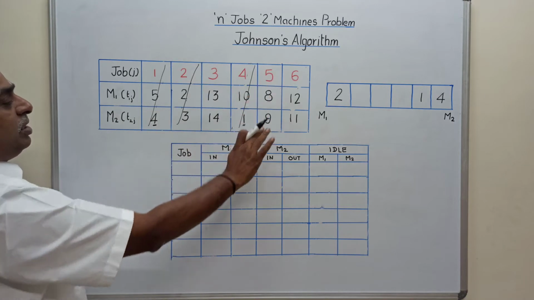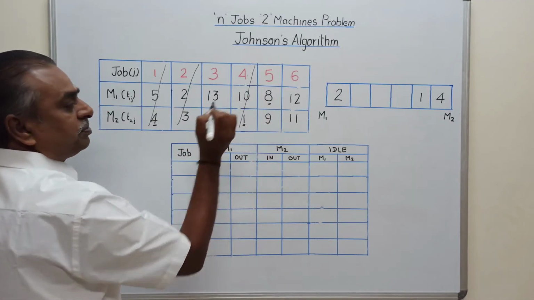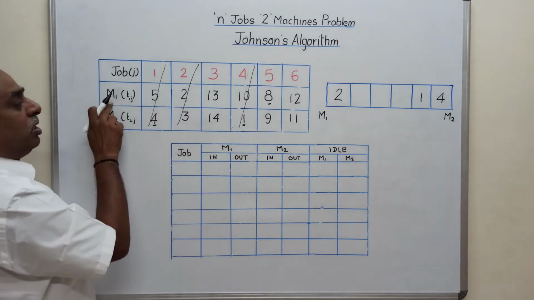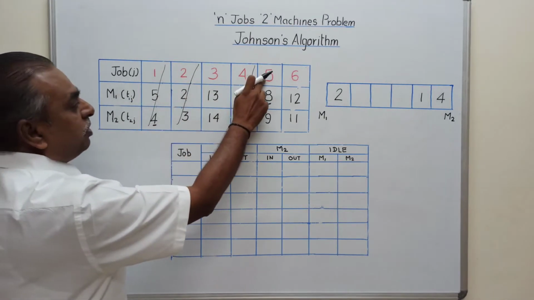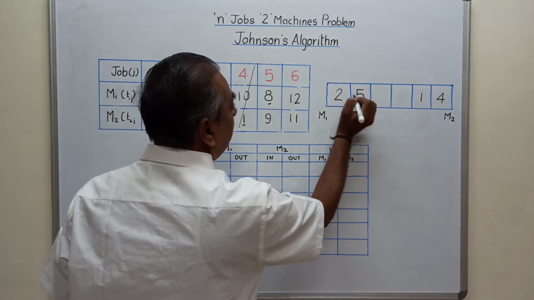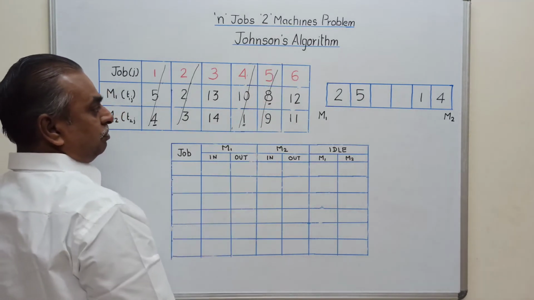Among the other 3 jobs, the minimum processing time happens to be 8, which is associated with machine M1. So the 5th job has to be done after the second job. Now we strike off this 5 also.